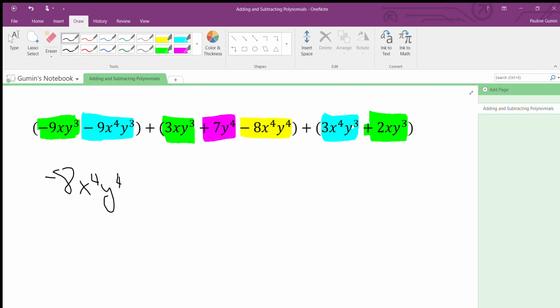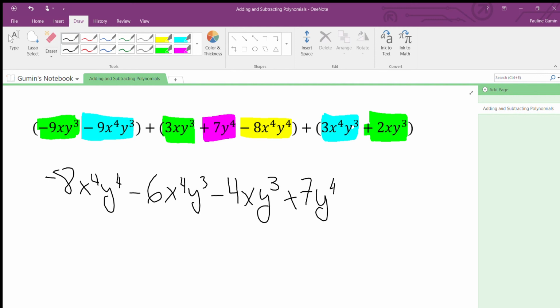Negative 9 plus 3, that's negative 6. Next, I'm looking at the green ones. Negative 9 plus 3 is negative 6, plus 2 is going to be negative 4. And then on the tail end, I'm putting that pink highlighted term that was all by itself. Okay, not too bad. Very pretty.